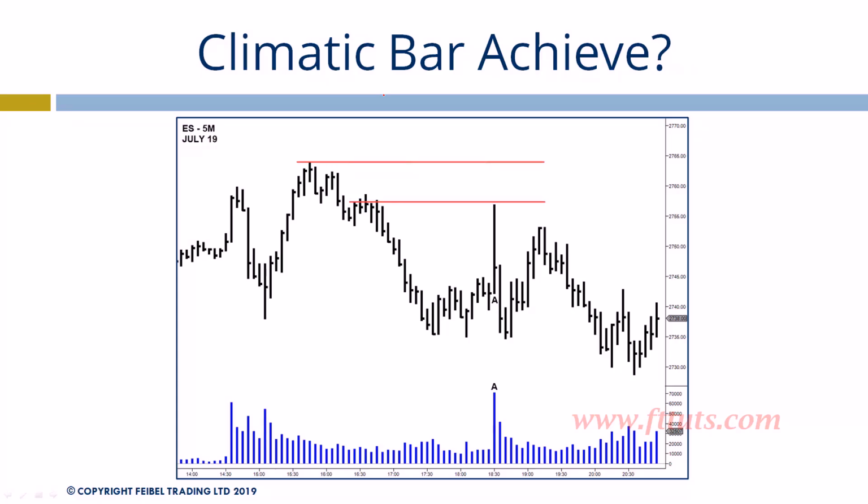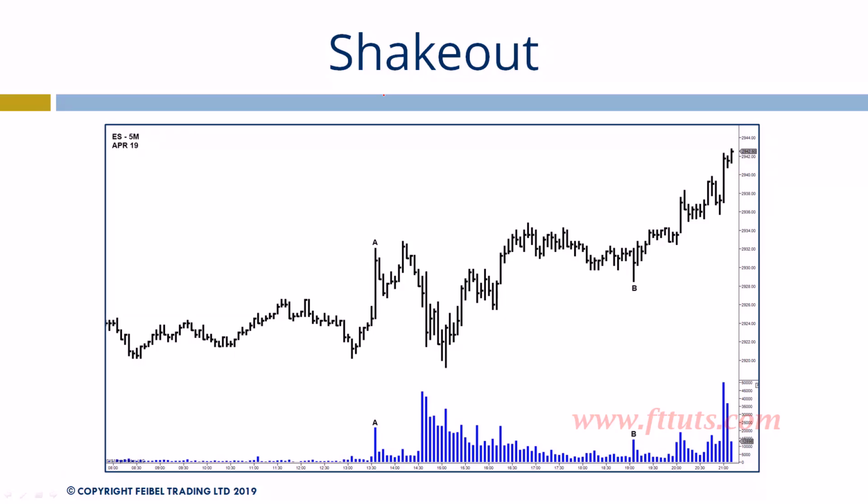For example, here we have the ES Mini on a 5-minute time frame. Yes, bar A here is climactic, widespread, high volume, but our focus is on bar B. This is a shakeout. And if we add a little structure, all becomes clear.